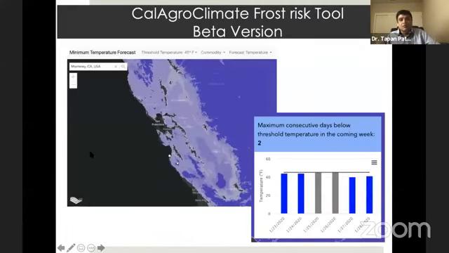So, just to give you an example, if a frost or freeze event is going to happen, the user can click anywhere on the map in California. It's a beta version that we are still fine tuning, but it can provide the frost risk and how many days in the next 7 or 10 days you are going to have temperatures below freezing or below 28 degrees Fahrenheit.